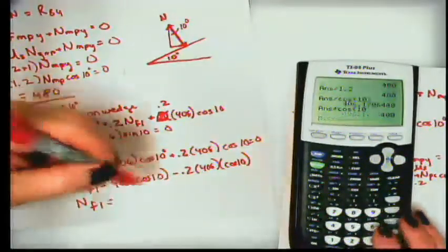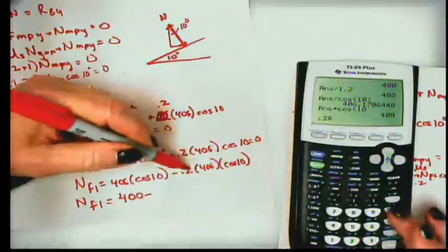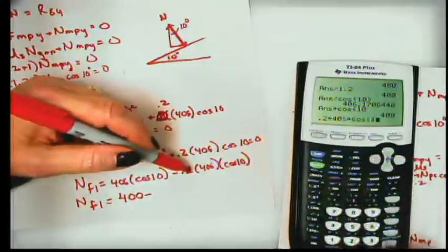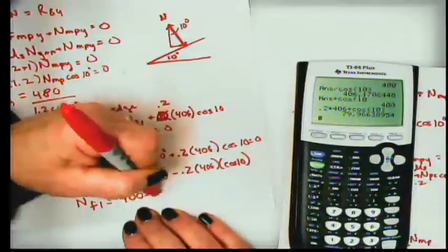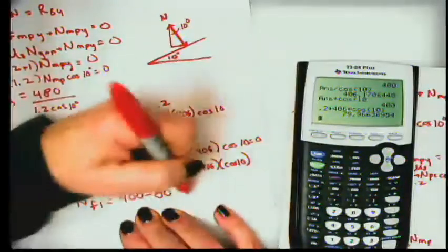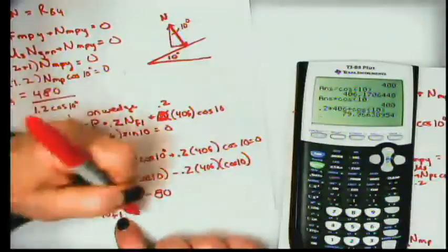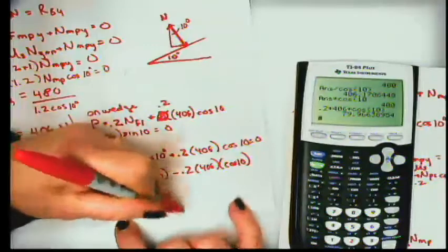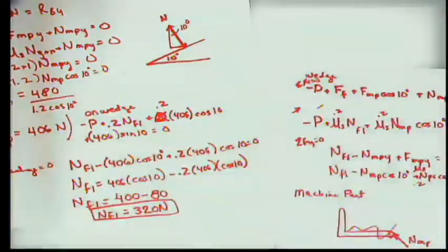This quantity is 400, and we subtract from 400 0.2 times 406 times the cosine of 10, and that value is 80, right? So we get that the normal force between the floor and the wedge is 320 newtons. Well, now it's all over but the crying at this point, isn't it?